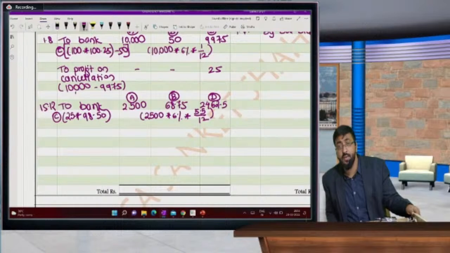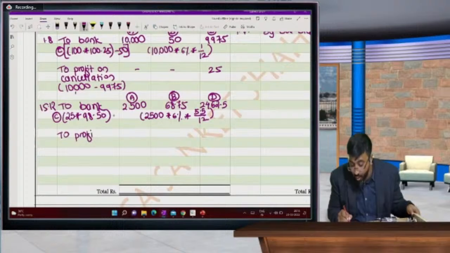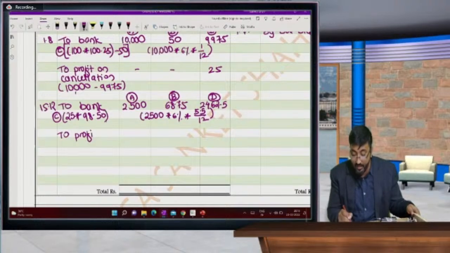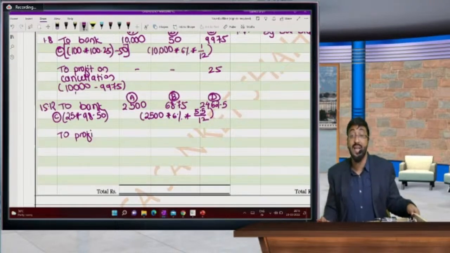ABCD sequence. And then, ex interest, therefore don't deduct interest, beta, here. Don't deduct interest 68.75 because it is ex interest. ABCD sequence.